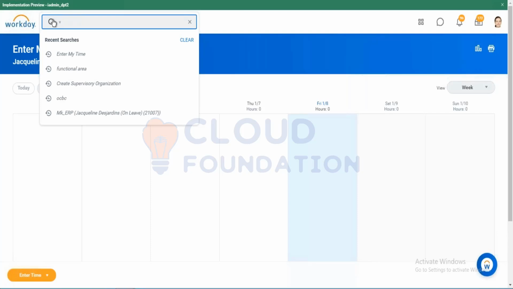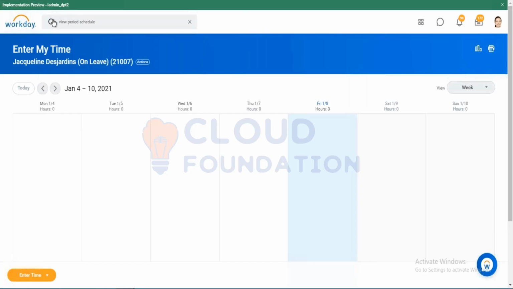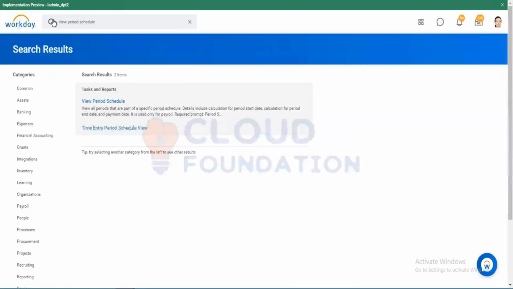Now let's talk about period schedule. On a general basis, what is period schedule? Is it basically defining a frequency? On a general basis, when the payment should be given, when the payment should not be given.